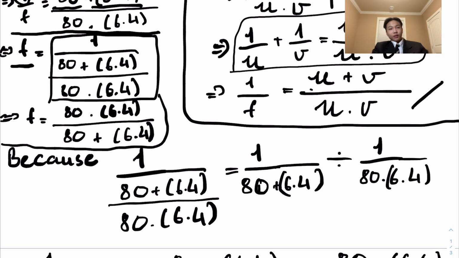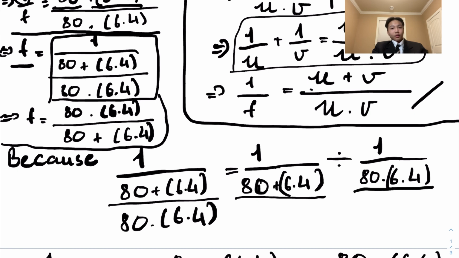This is the situation of a fraction dividing a fraction. We can solve it by taking the first fraction and multiplying it by the reverse of the second fraction.